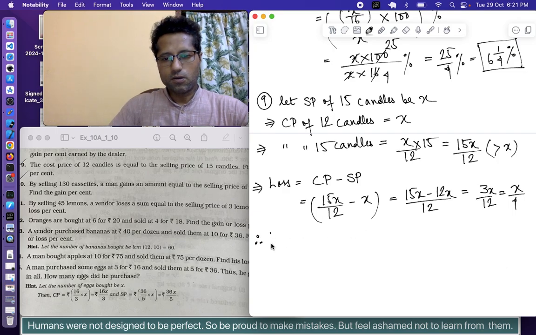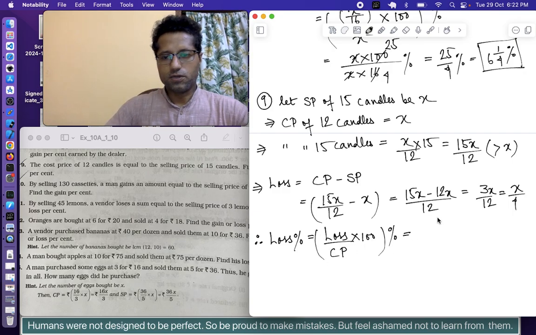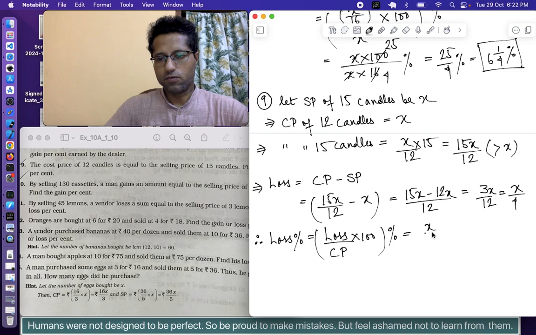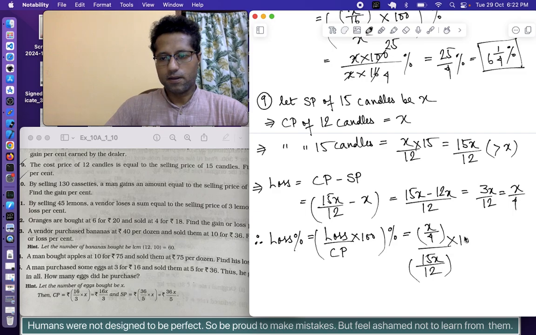The loss is x by 4. Therefore, loss percent is loss by CP multiplied by 100, this much percentage. What is loss? Loss is x by 4. What is CP? These are all based on 15 candles. CP of 15 candles is 15x by 12, multiplied by 100.